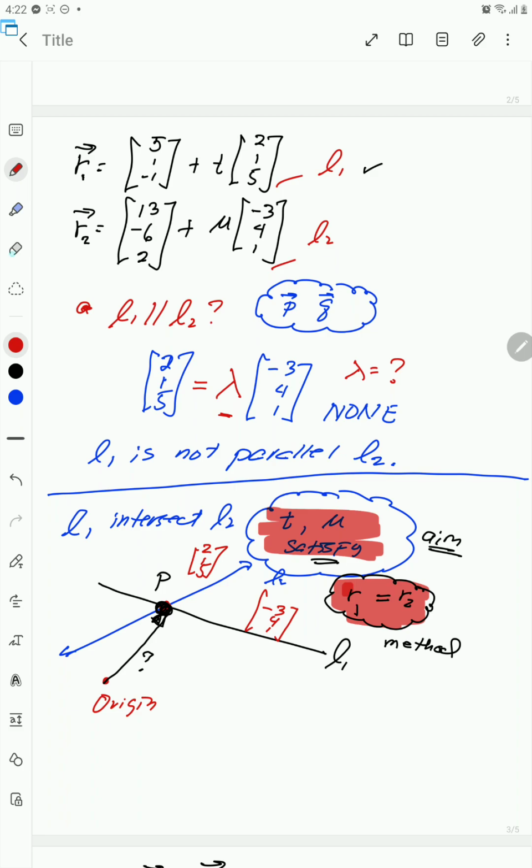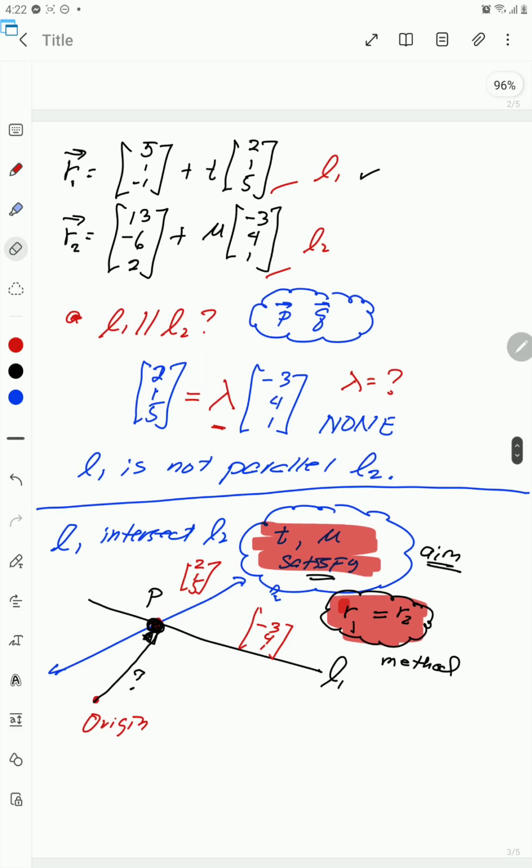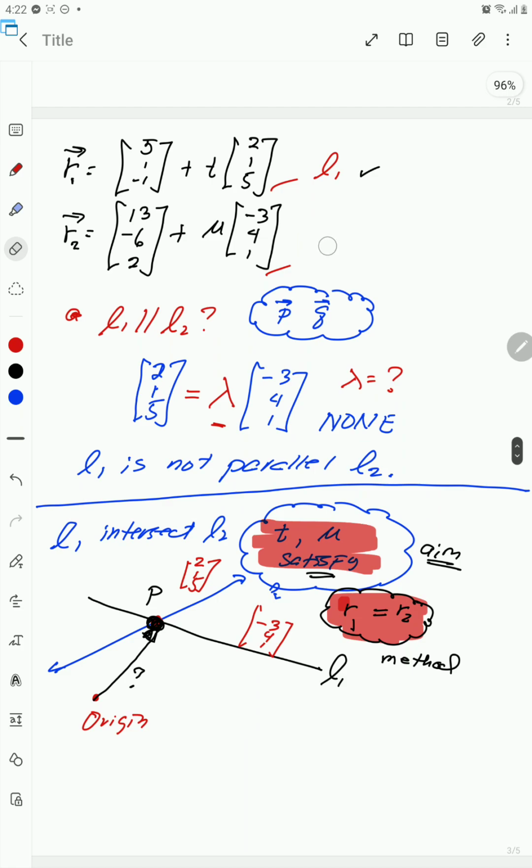However, for example, Mr. Daniel, what if the question is, give me an equation of the line that is parallel to R1? Well, as long as it has the same direction. So for example, I have my R3 is equal to (1, 1, 1) plus s times (2, 1, 5).